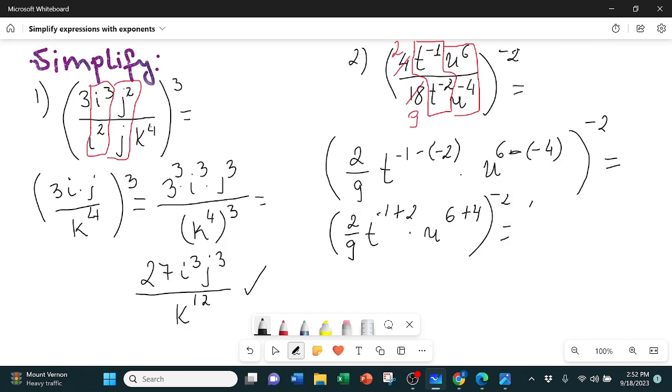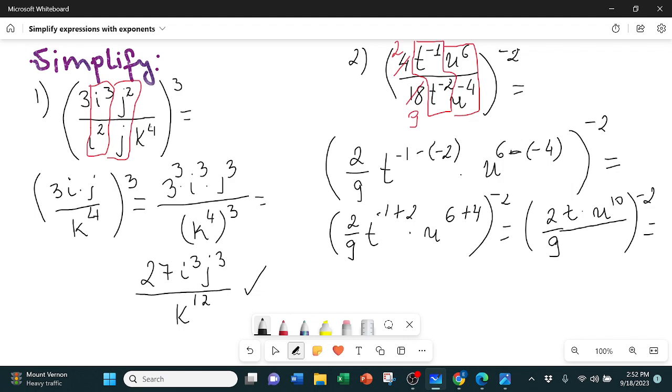So this is going to be 2 over 9, and we can put t to the power 1, which we don't need to write. Negative 1 plus 2 is 1, times u, 6 plus 4 is 10, and the whole thing to the power negative 2.